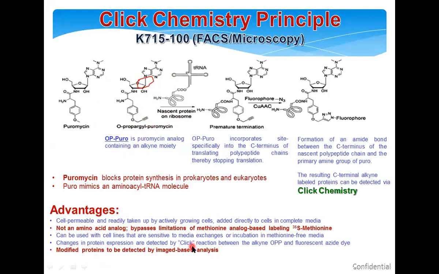It can be used with cell lines that are sensitive to media changes or incubation in methionine-free media. You can add it even in the presence of methionine, it doesn't matter. Now you detect the change in protein expression via this click reaction. This is the modified protein, so you can detect this by either FACS or microscopy.